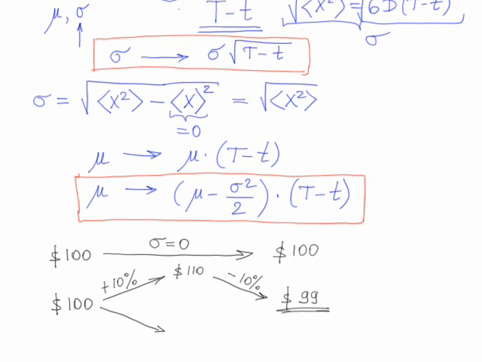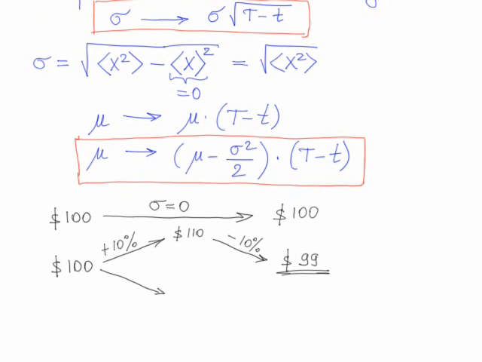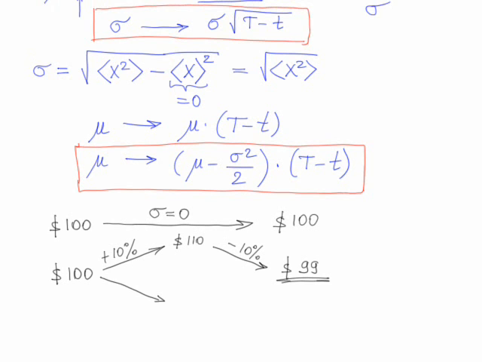The same case we can consider. I just want to show that it doesn't depend on the order of the operation. So first, if it goes down by 10%, we arrive at $90, and then it goes up by 10%. 10% of 90 is 9, so we again arrive at $99.